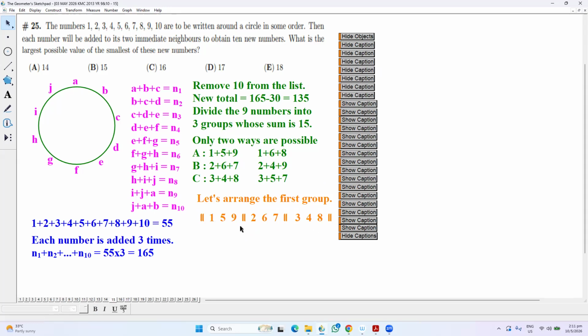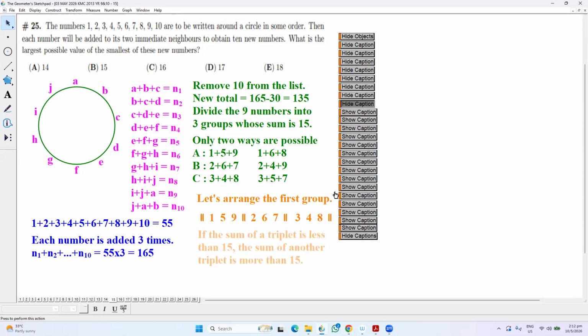Then we have the cross border. Cross border means like 5, 9, 2, like that. A cross border, we will calculate and label the numbers. Cross border will be like 2 numbers add to 1 number, or 1 number add to 2 numbers in the crossover.